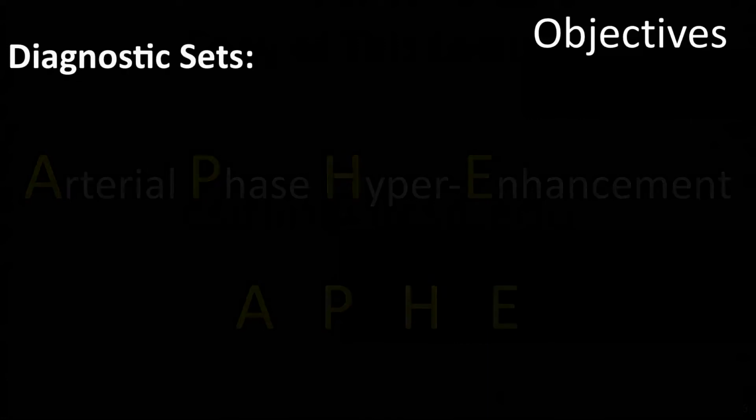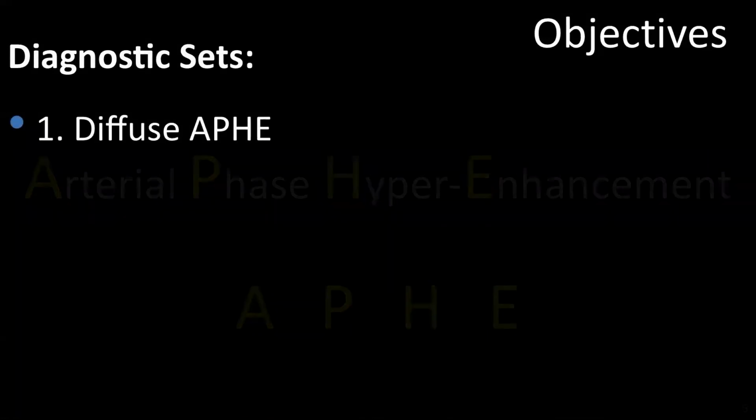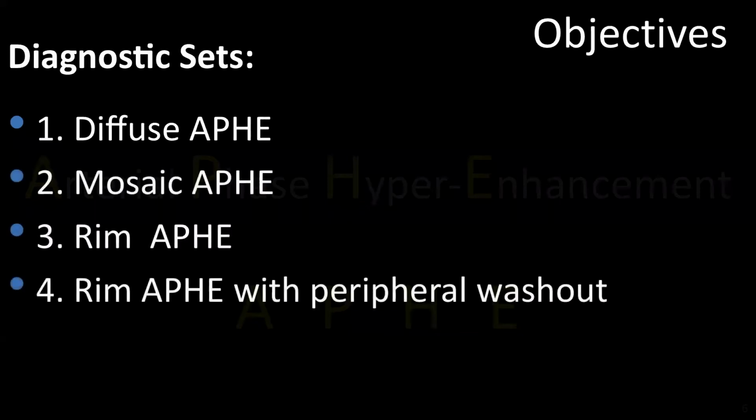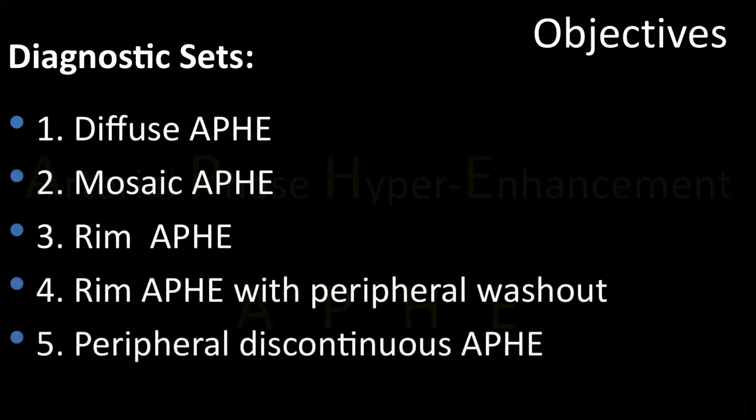And the diagnostic sets I want to review, there's 5 of them: diffuse AFI, mosaic AFI, rim AFI, rim AFI with peripheral washout, and peripheral discontinuous AFI. So for each one of these, I'll define what it is, and then we'll go over a differential diagnosis.